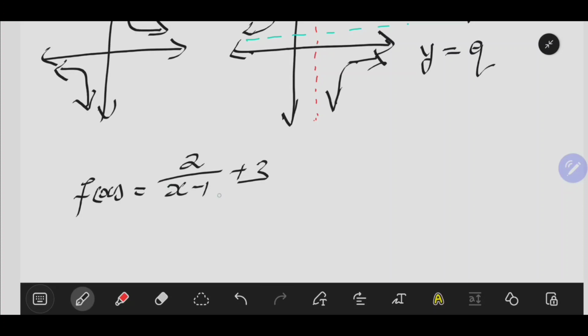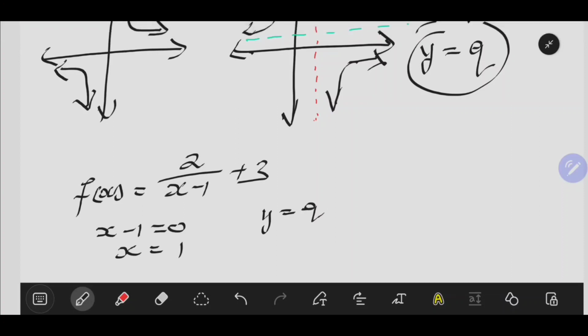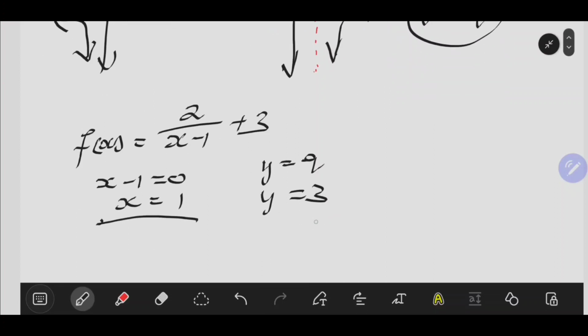Then in order for you to find the x asymptote, you have to say x minus 1 is equals to 0, and then your x asymptote is 1. And then your y asymptote, we know that y must be equals to q, then y is equals to 3. Meaning that this is your x asymptote and this is your y asymptote in that order.